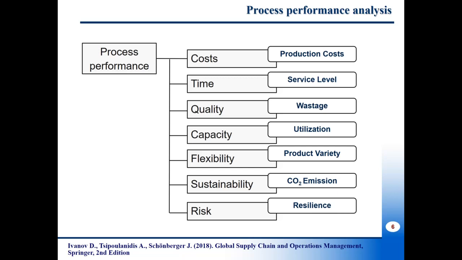Capacity, how much the utilization of a particular machine. Flexibility, meaning how many varieties of product can be produced from a single particular machine. Sustainability, how much carbon emission is emitted by a particular process in production, distribution, or storage. And risks related to resilience of the supply chain networks.